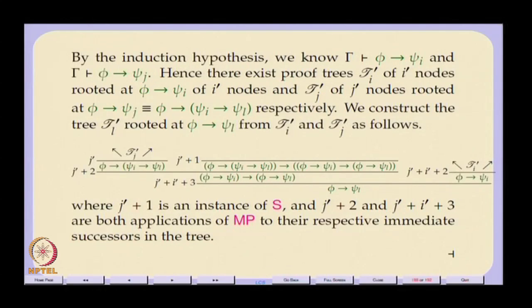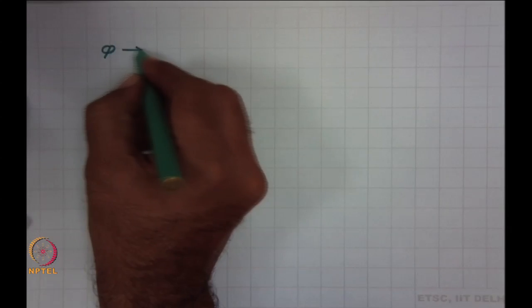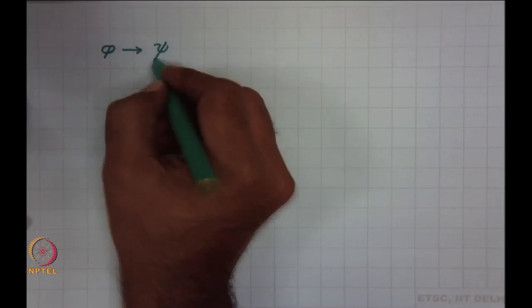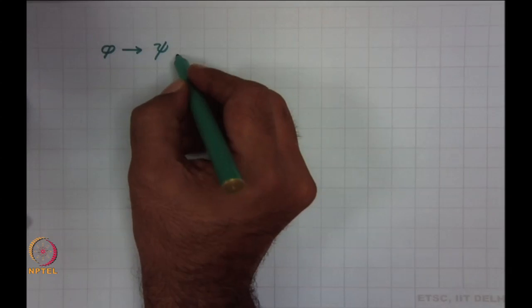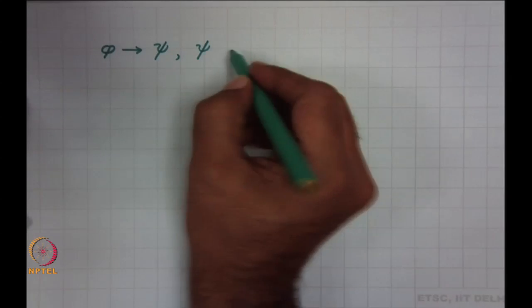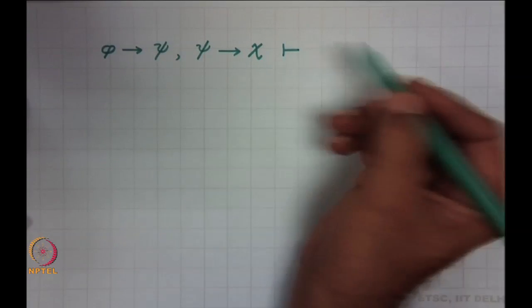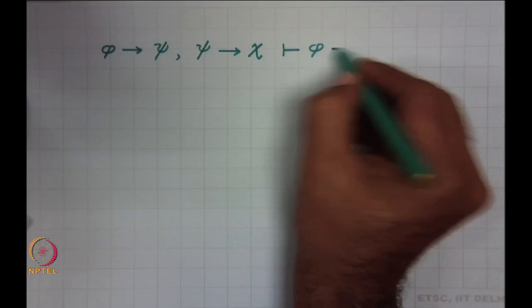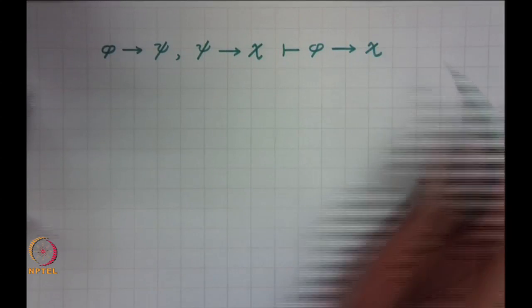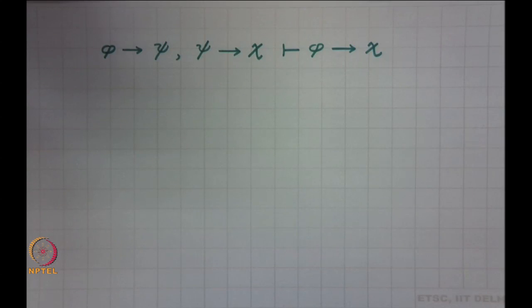So, you can look at this: phi arrow psi, comma, psi arrow chi, proves phi arrow chi. Okay. So, this is essentially transitivity of the conditional.